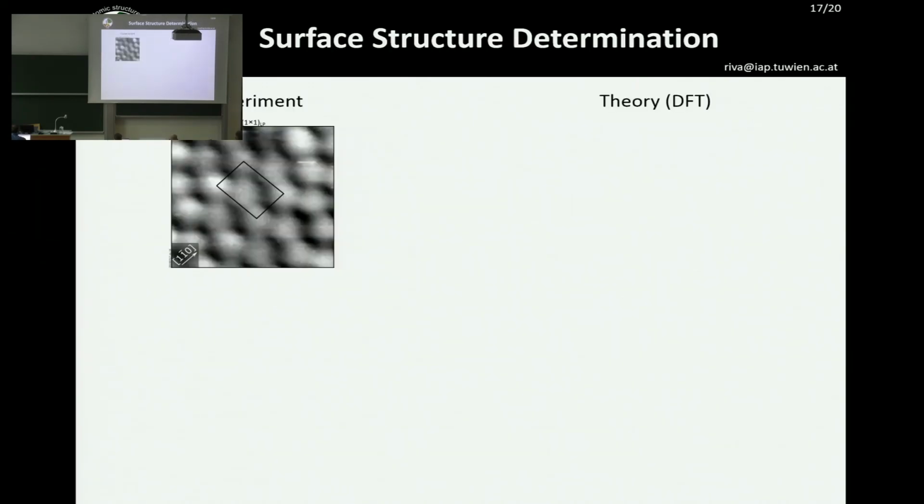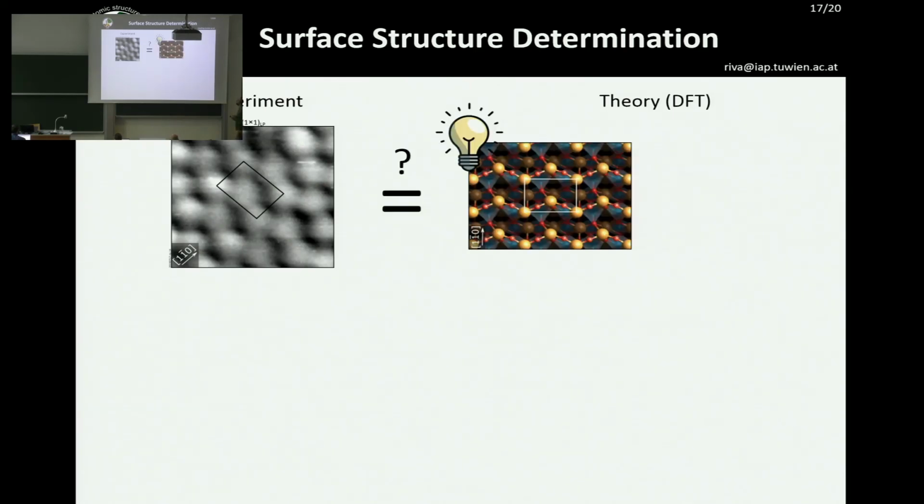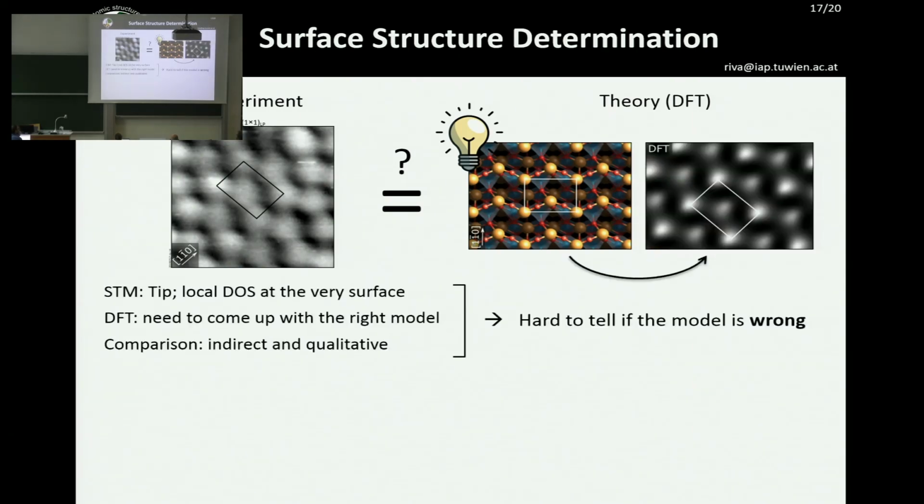What has been done so far in surface science, you start from typically a scanning tunneling microscopy image, then one way or the other you come up with a model and you ask yourself, are these two the same thing? The only thing you can do so far, what people have done, is simulate an STM image, look at the experiment in STM and say, okay, I have a blob here, blob there, blob here, blob there. Yeah, perhaps it's right.